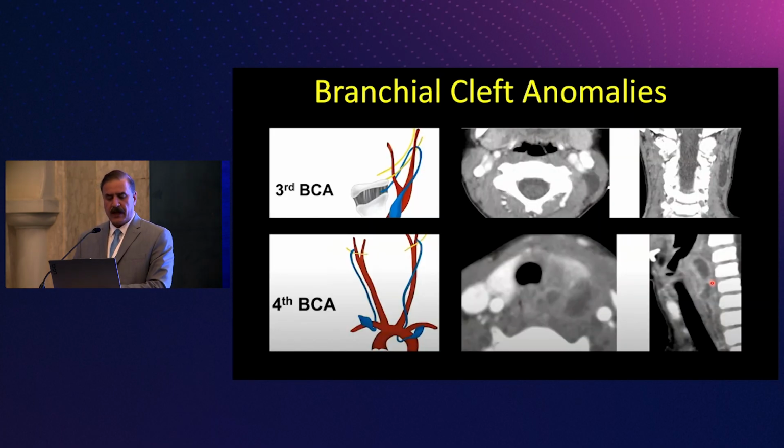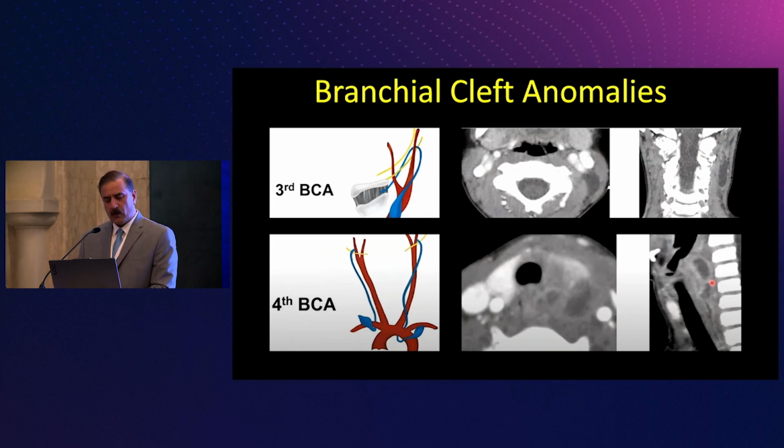Finally, congenital branchial cleft cysts, and the third and fourth types of branchial cleft cysts, which are very uncommon, but they do have a fistulous communication with the piriform sinus, and that's why we are discussing them here.